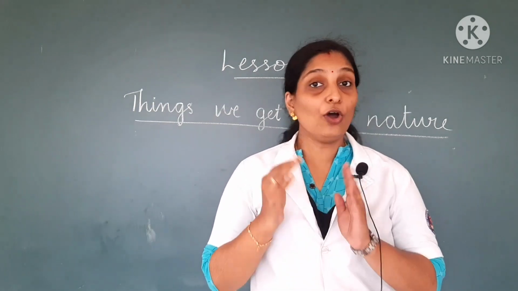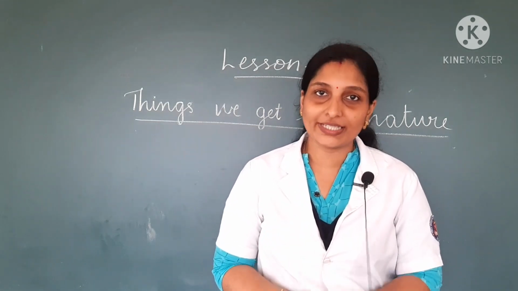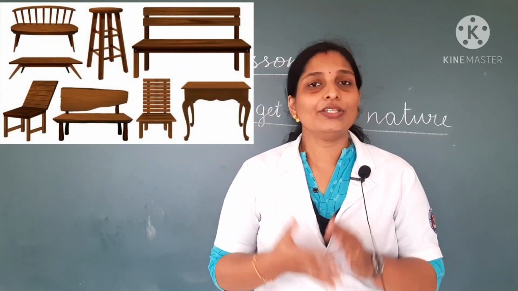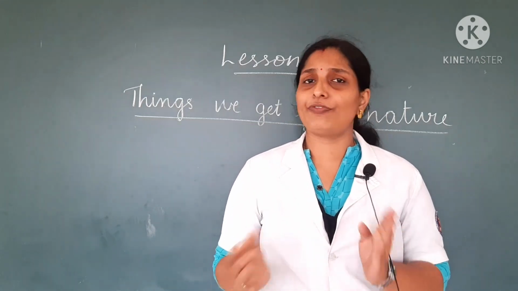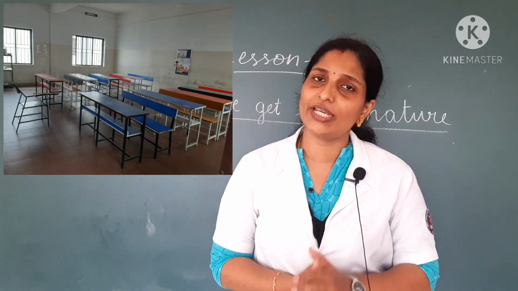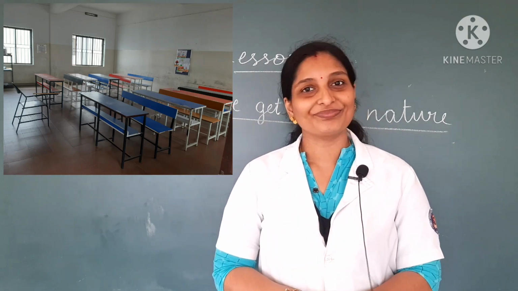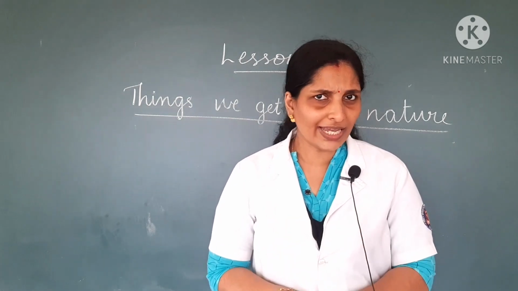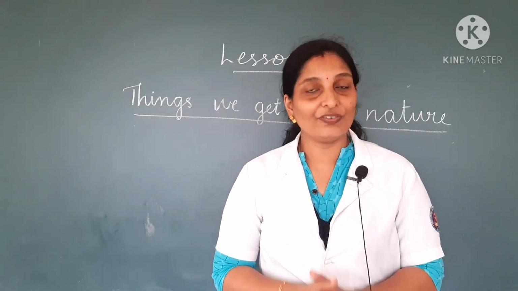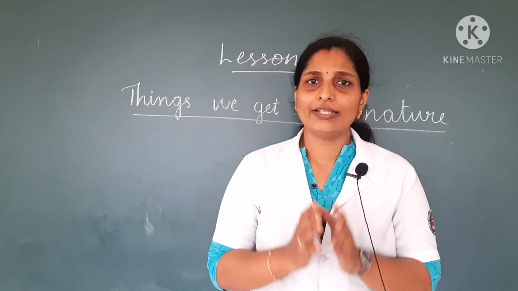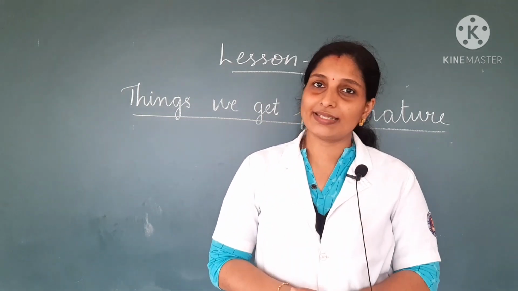Okay. We all have different types of furniture in our home. Right? In our school also you can see different types of furniture like benches, tables, chairs, desks, etc. How is furniture made? Do you have any idea? Yes, we make furniture from the thick stem of some plants.